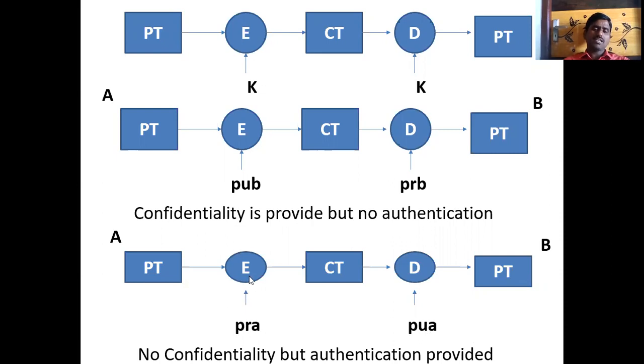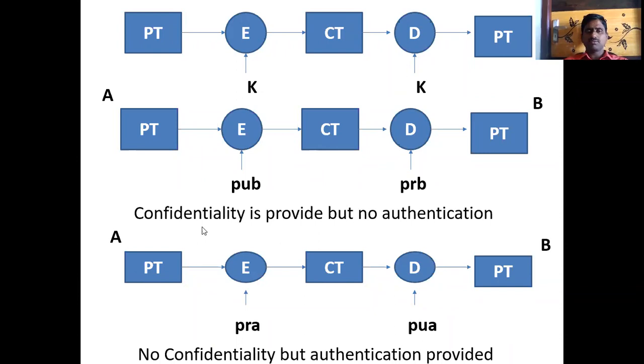See, it is a private key, it is done by A, so there is authentication, but there is no confidentiality. There is a chance the attackers can find the key, so that they can easily get your data.